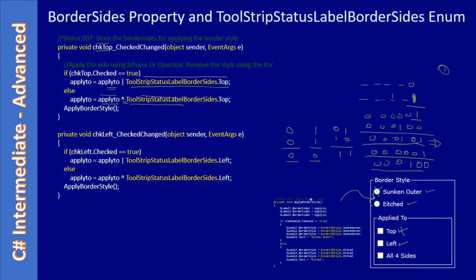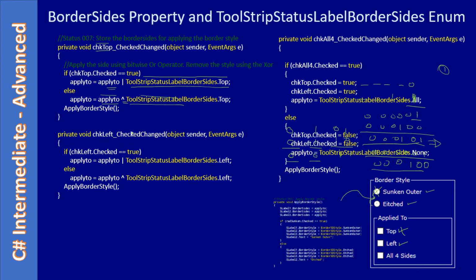Then when we make a call to apply border style, it will apply the style only for the left edge. That's what we are doing here. And for all sides, we are directly setting apply to all, and here we are setting apply to none.